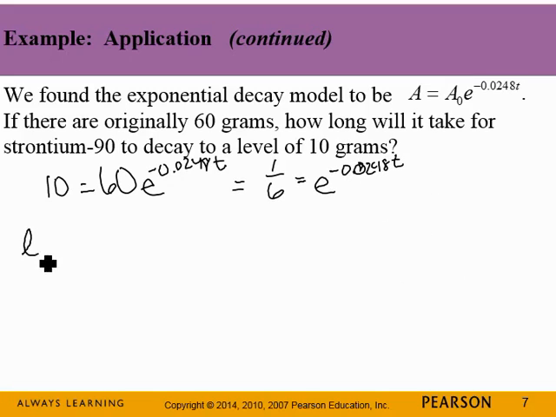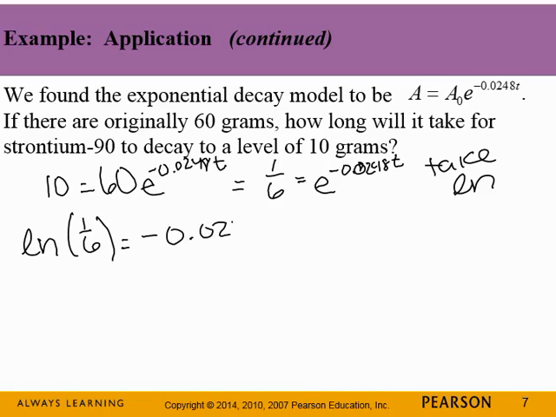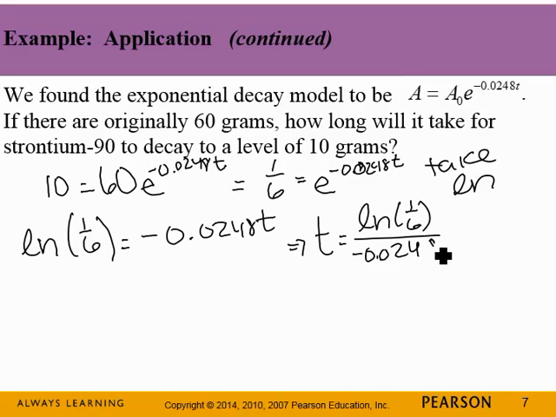Take the ln on both sides. And that will give you about 72.